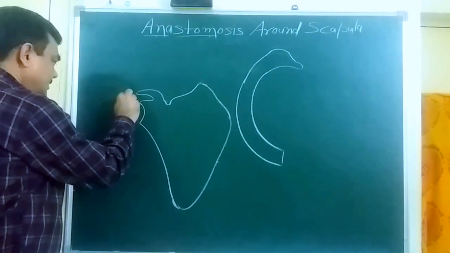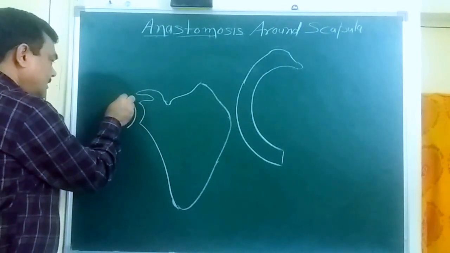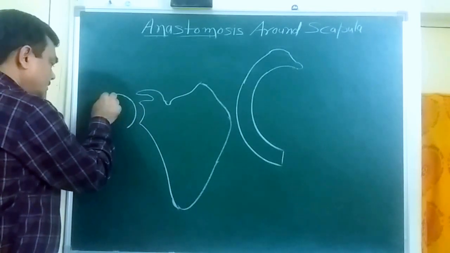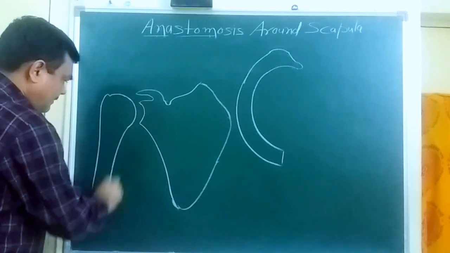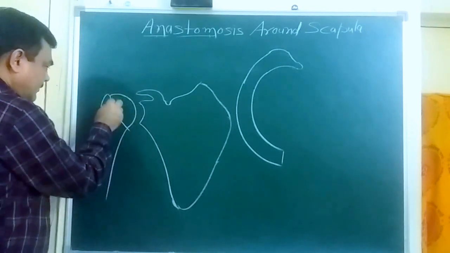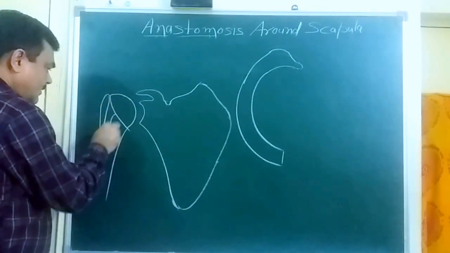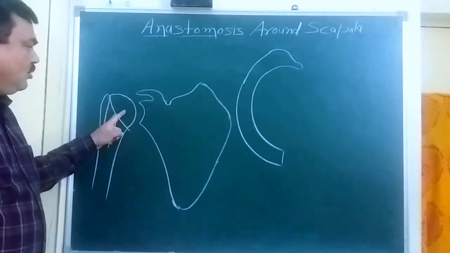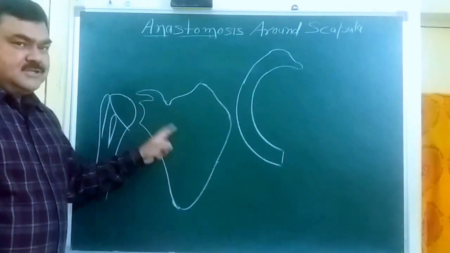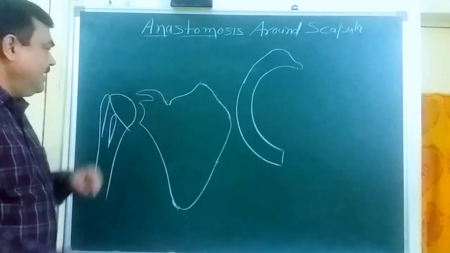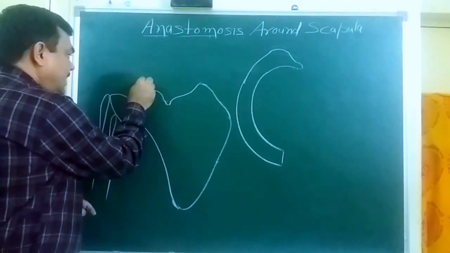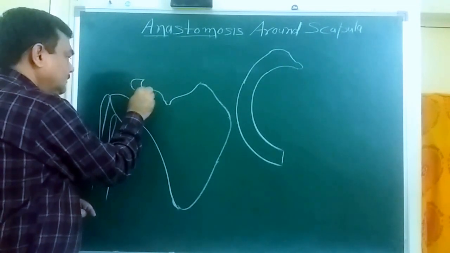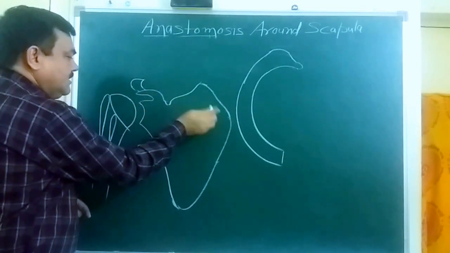Here is the greater tubercle, this is the lesser tubercle, this is the head of the humerus, this is the scapula. Here is the acromion process, the coracoid process, and here is the acromion process, which is situated on the dorsal surface.